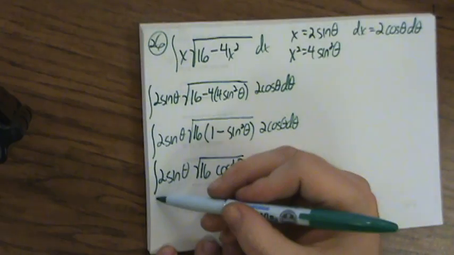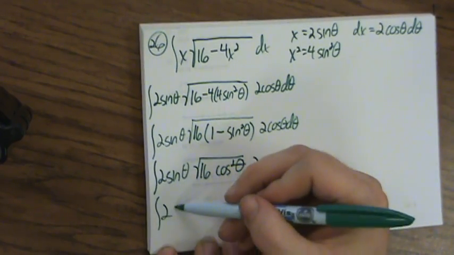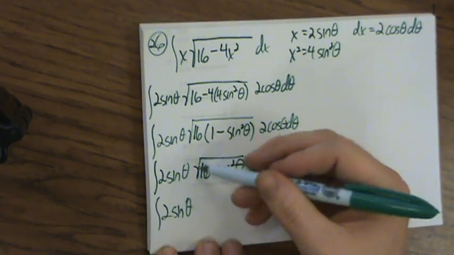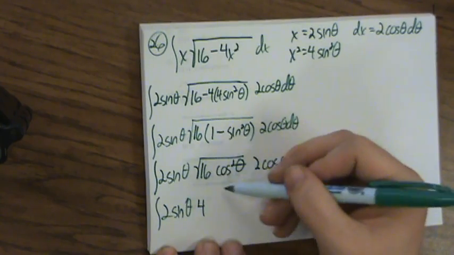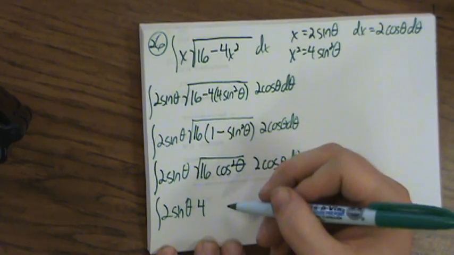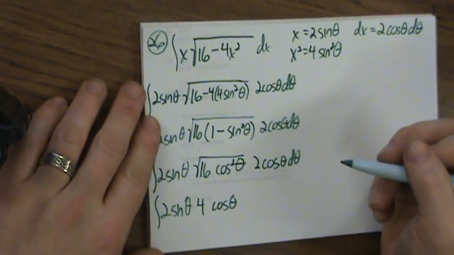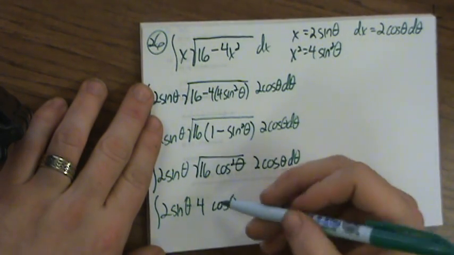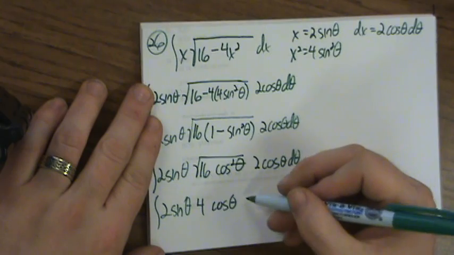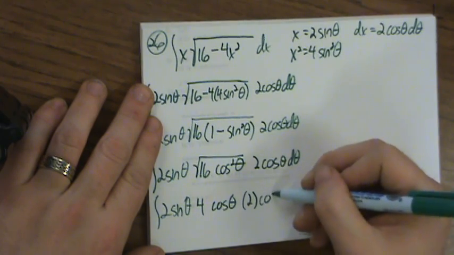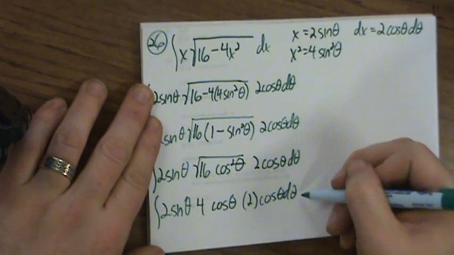Alright, let's simplify this further. 2 sine theta times the square root of 16, which is 4, times the square root of cosine squared, which is cosine. And then multiply all of this by 2 cosine theta d theta.